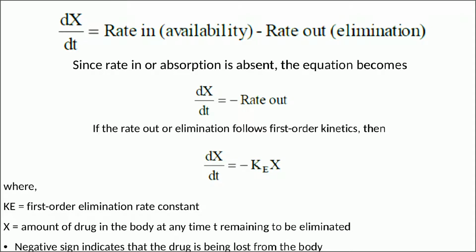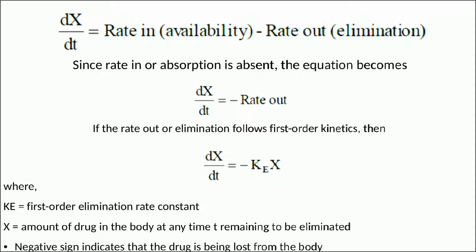Now dX by dt is equal to rate in, that is the availability, minus the rate out, that is the elimination. Since the rate in or absorption is absent, the equation becomes dX by dt is equal to minus rate out. This is because we are directly putting drug into blood circulation.